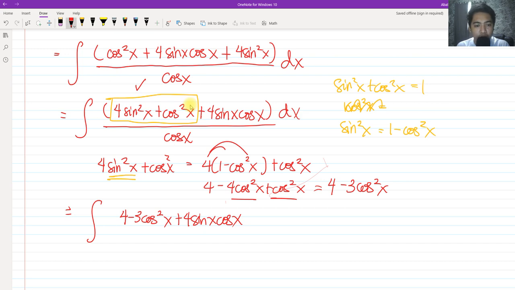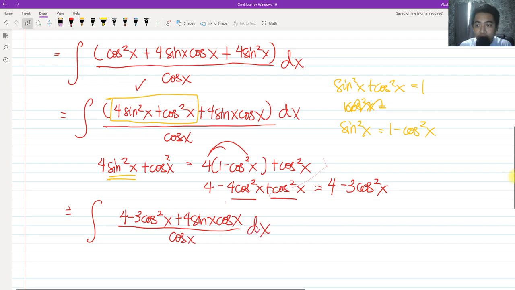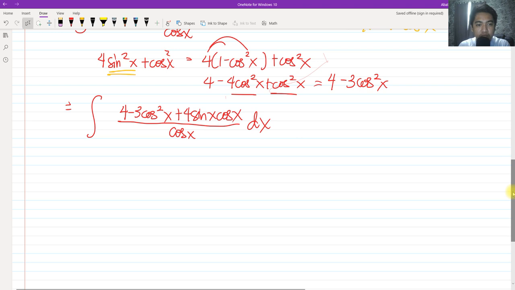Okay? All over cosine of x. And by simply using the properties of integral, the sum and difference, we can rewrite the given integral as this.